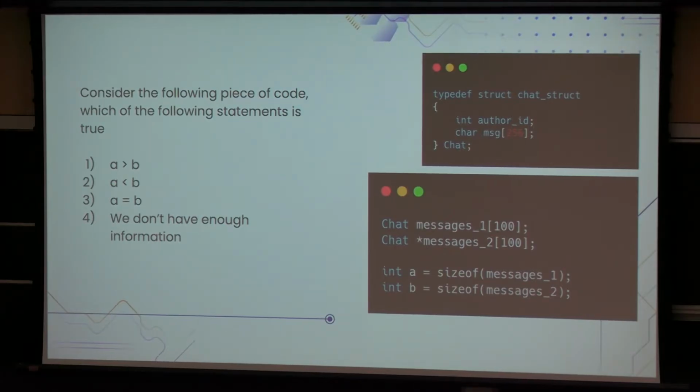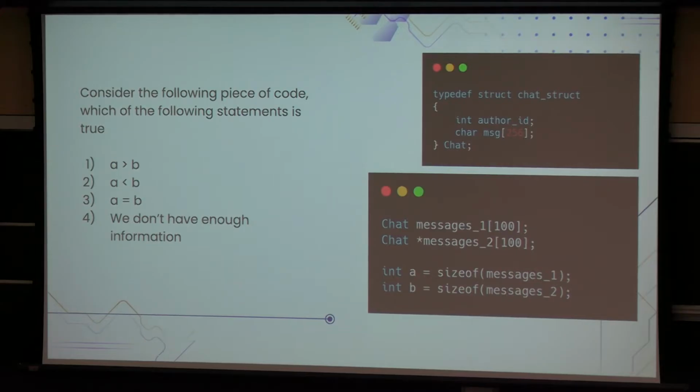But when we're dealing with an array of the struct itself, then we have to store the entire struct. So we have to store the entire possible message for every single message.